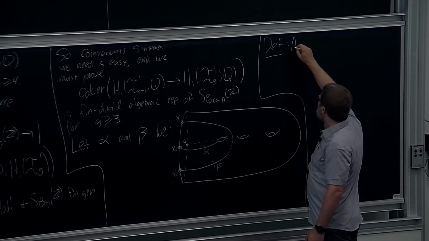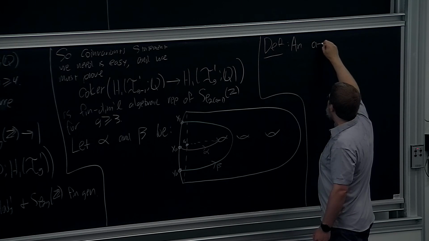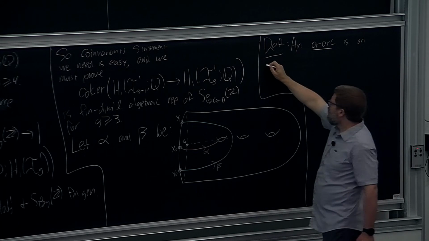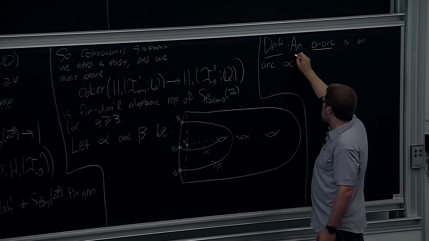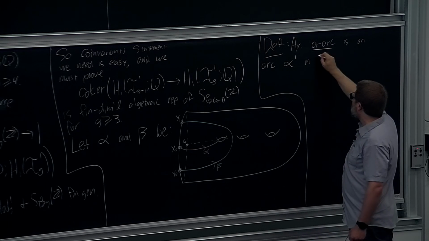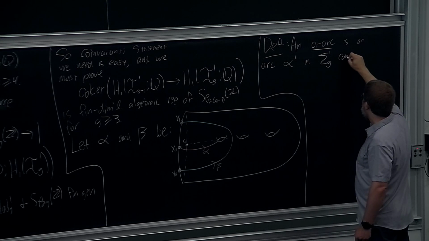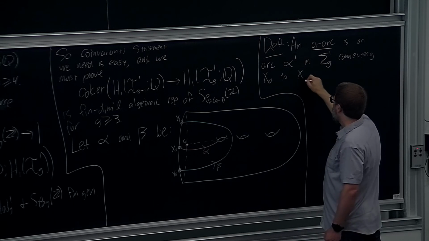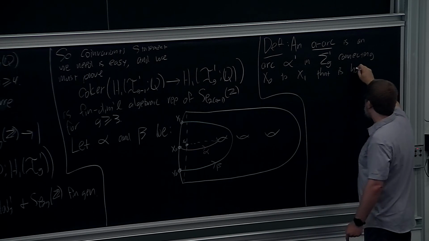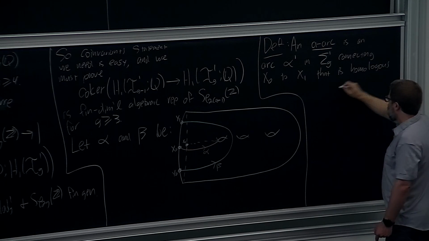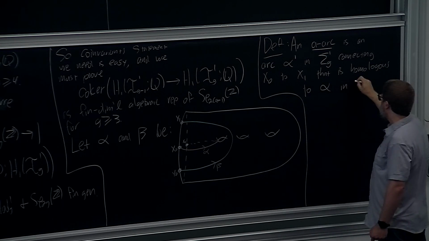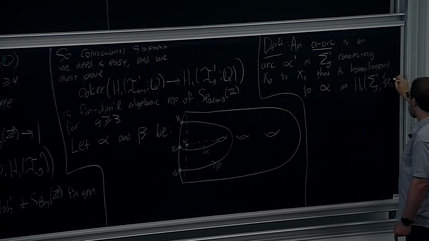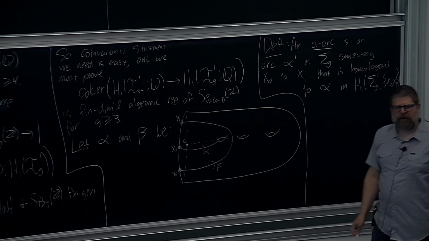An A arc is an arc alpha prime in sigma G1 connecting x0 to x1 that is homologous to alpha in the relative homology group H1 of sigma G1 relative to the points x0 and x1, okay?